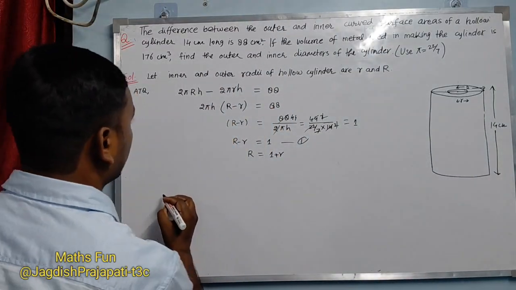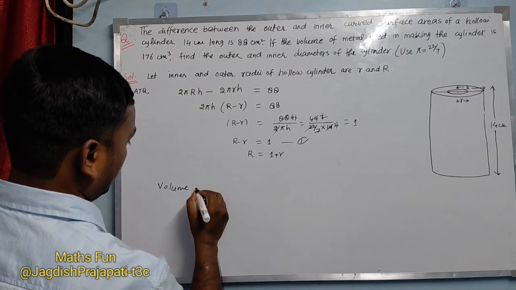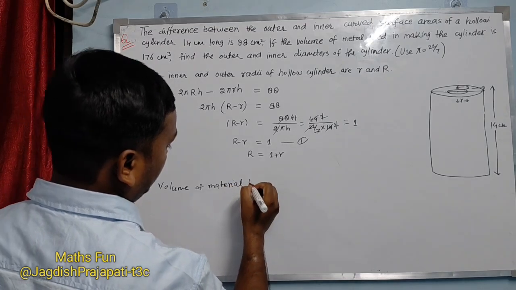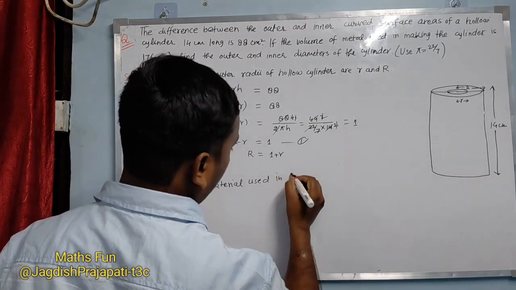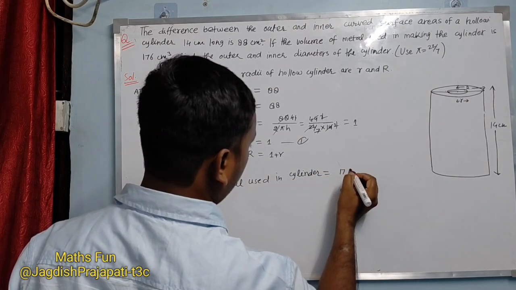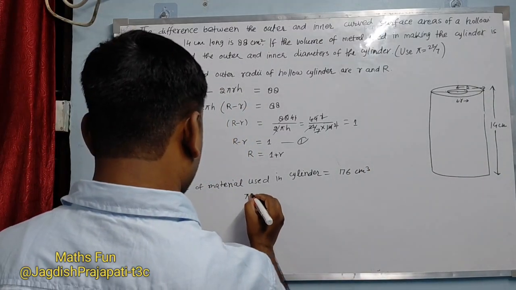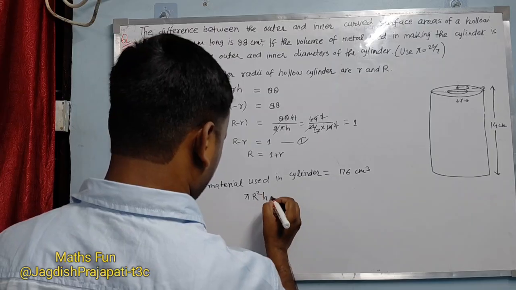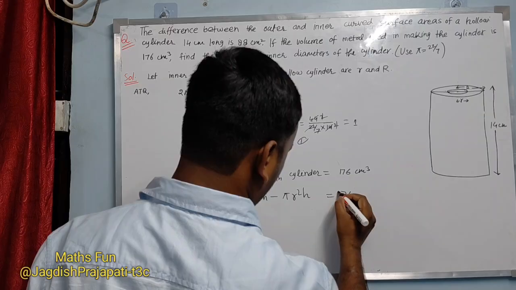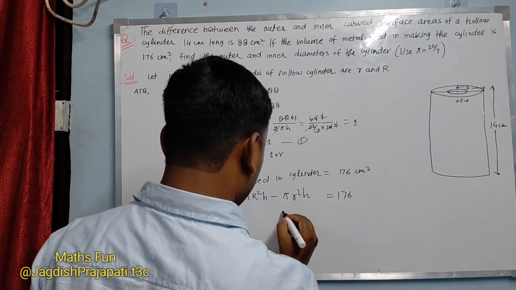So the volume of material used in the cylinder is given as 176 cubic centimeter, and this will be pi capital R square h minus pi small r square h equal to 176.